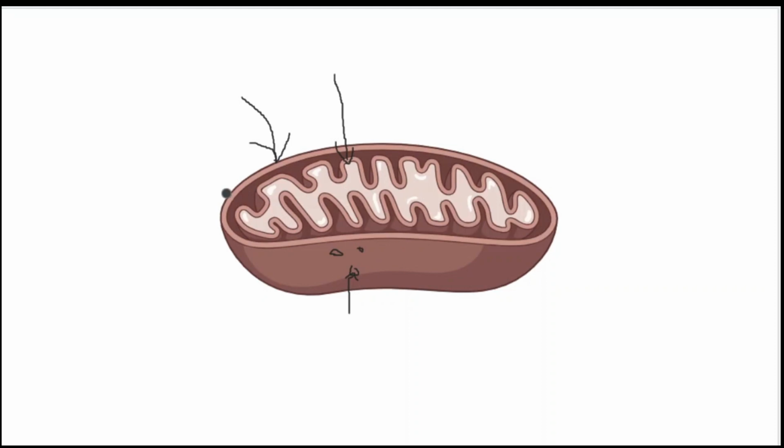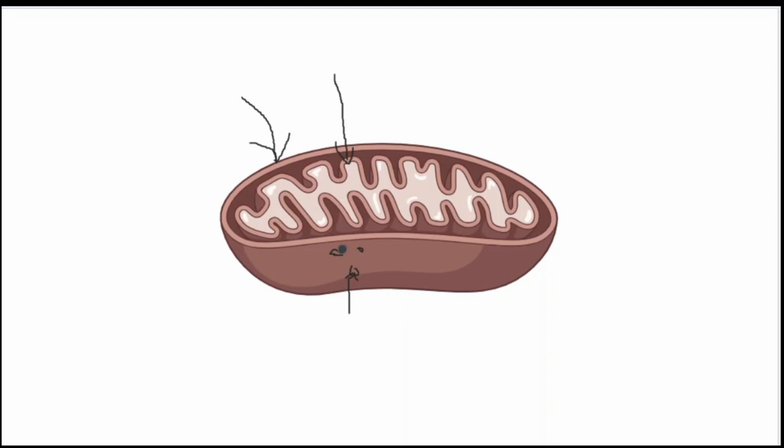When compared to the outer membrane, the inner membrane has a lot of foldings, and it's also very impermeable to the ions and other substances that go to the intermembrane space. These substances can go through the inner membrane, and like I said, it has a lot of foldings, and these infoldings are called cristae, and these are useful for increasing the surface area.